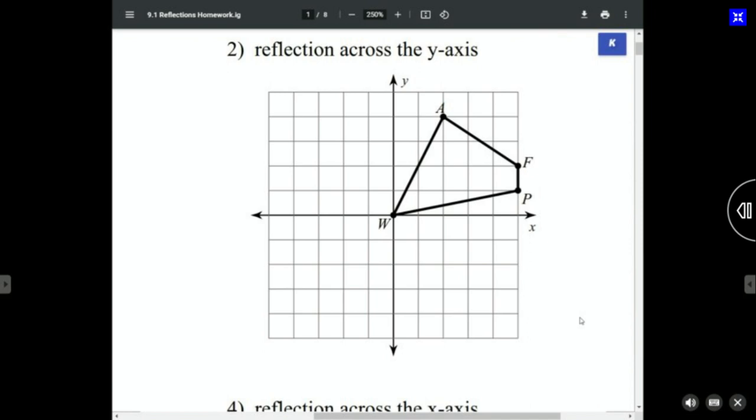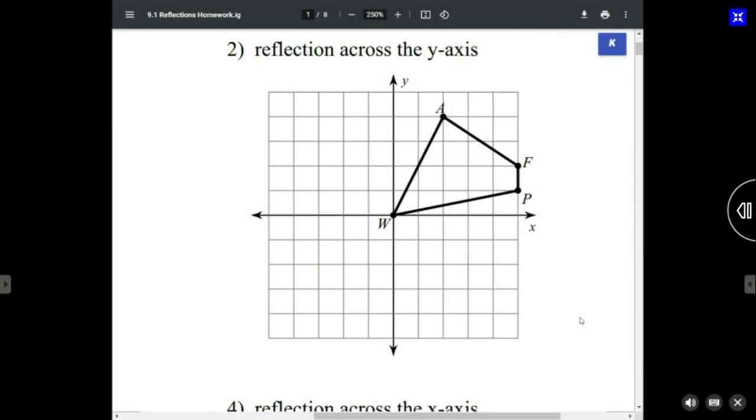It's going to go from the right side over here to the left side. And remember, a translation is a slide. If I translated, I would slide it, but I am not. I am reflecting it, so that means I've got to flip it over, right?